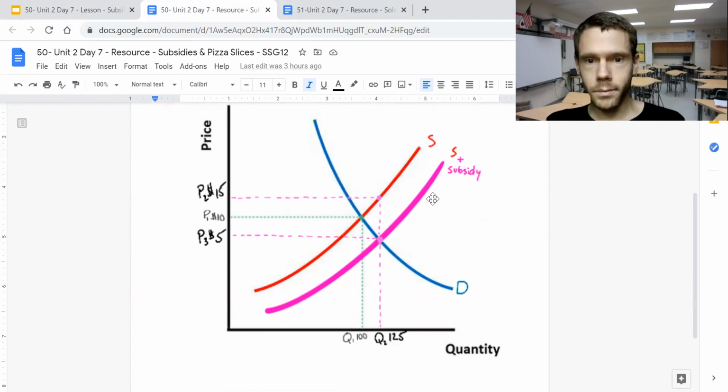You'll notice really two consequences of that. If we look at the original supply curve for the new quantity Q2 demanded, which is now 125, at a higher price point, we would see the connection on the original supply curve. Notice that the new price point, where we see the new equilibrium, actually goes down from $10 to $5.